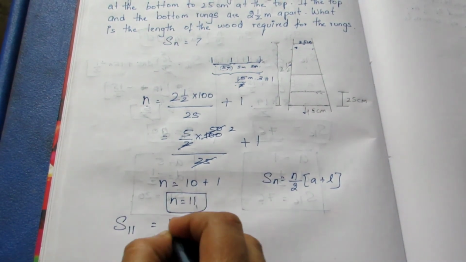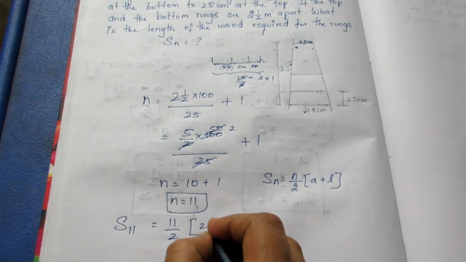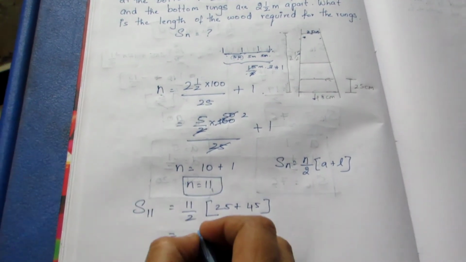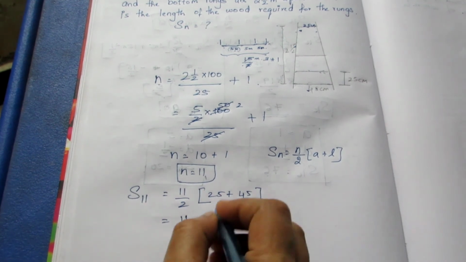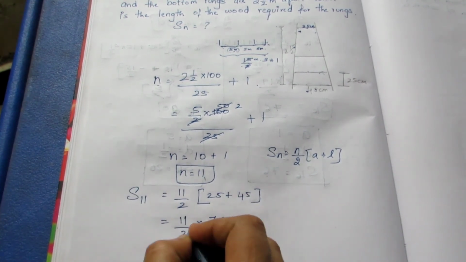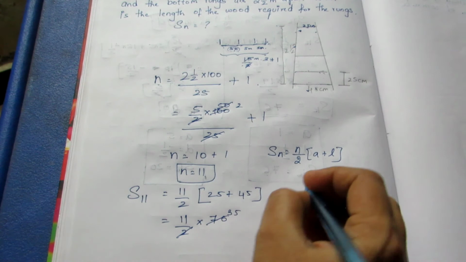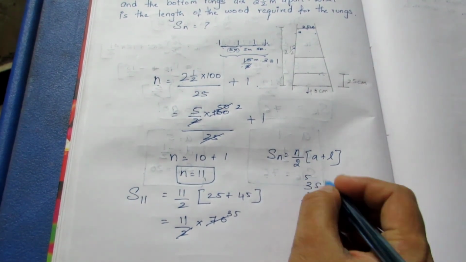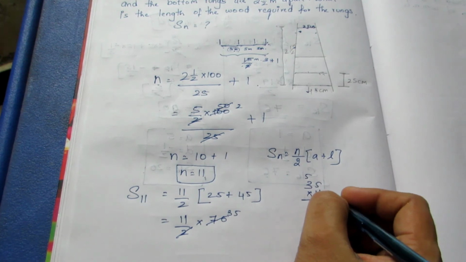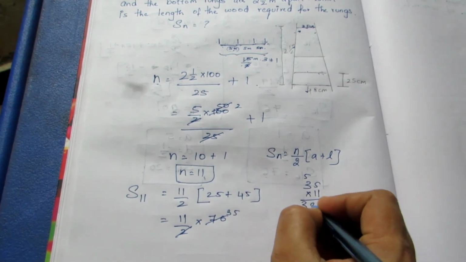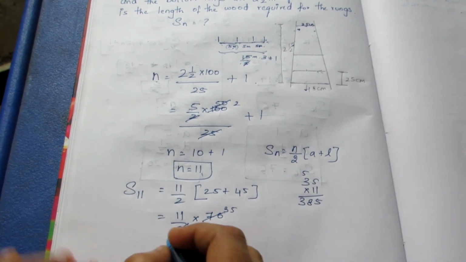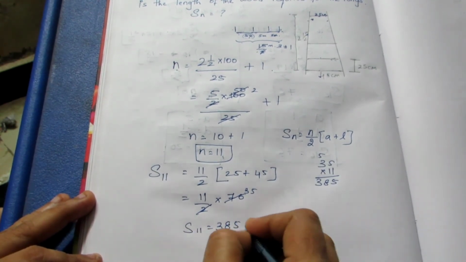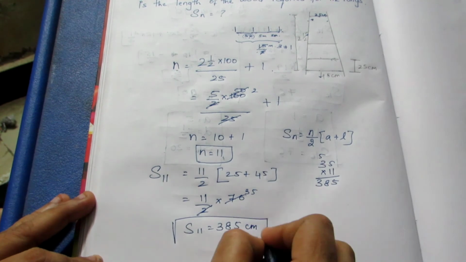So n by 2 is 11 by 2 into 25 plus 45. 11 by 2 into 70, this becomes 35. So 35 into 11. So S11 equal to 385 centimeter, because we have changed to centimeter.